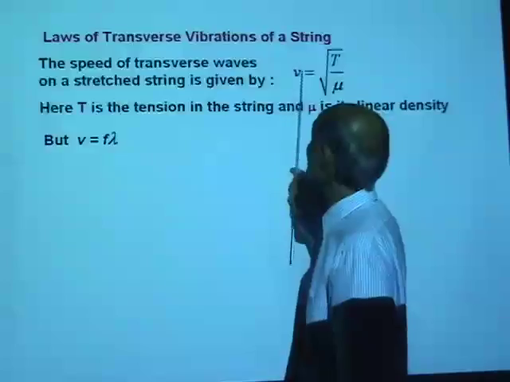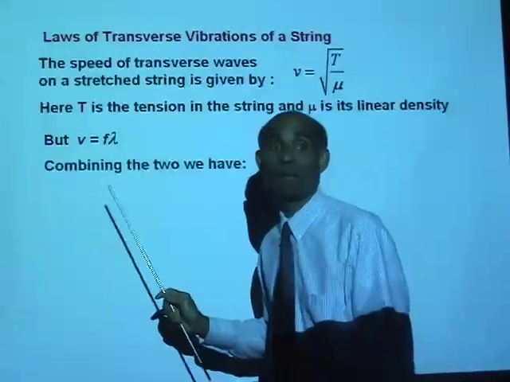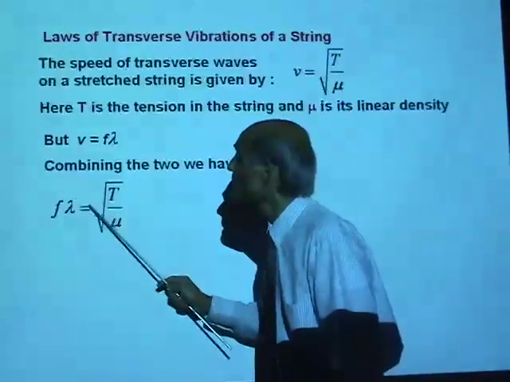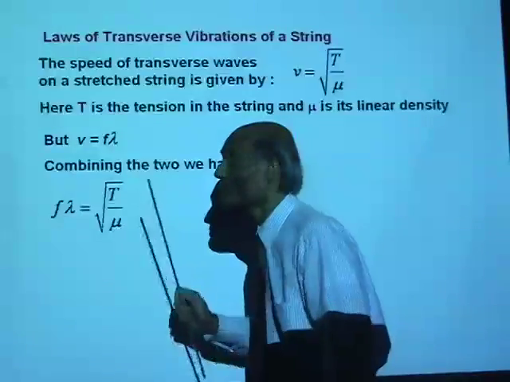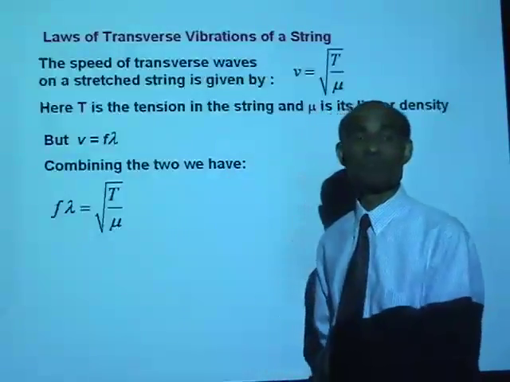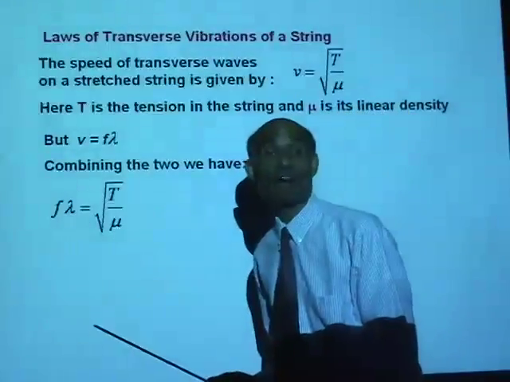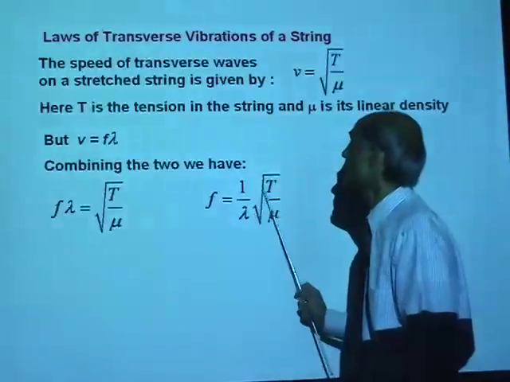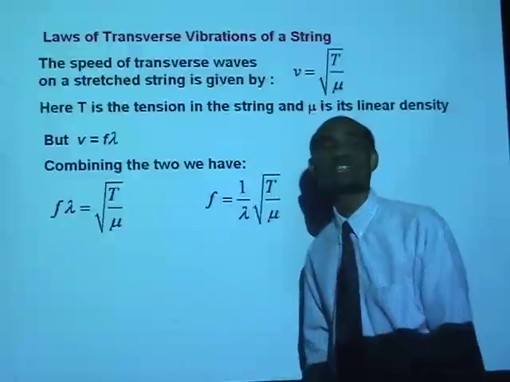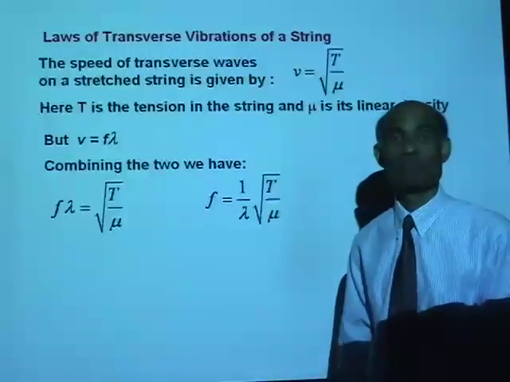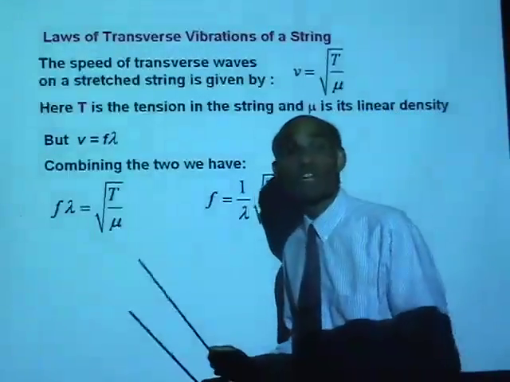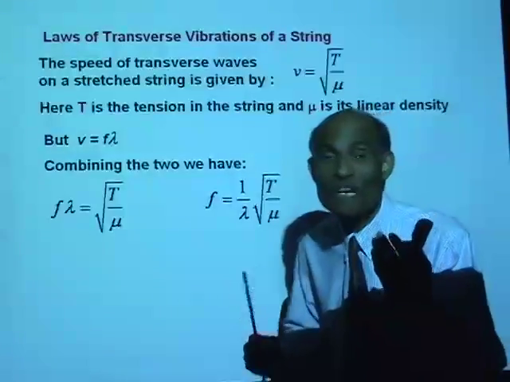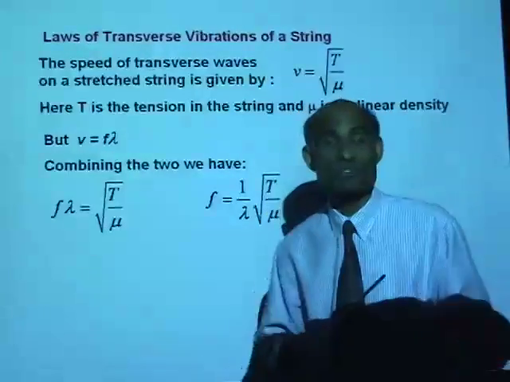So let's replace V by F lambda. We get F lambda equal to square root of T over mu. And now let's solve it for F. Therefore, F equal to 1 over lambda square root T over mu. Now, this gives us the frequency of vibration of a stretched string.